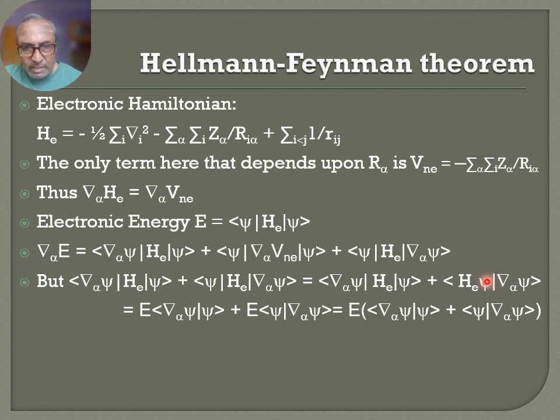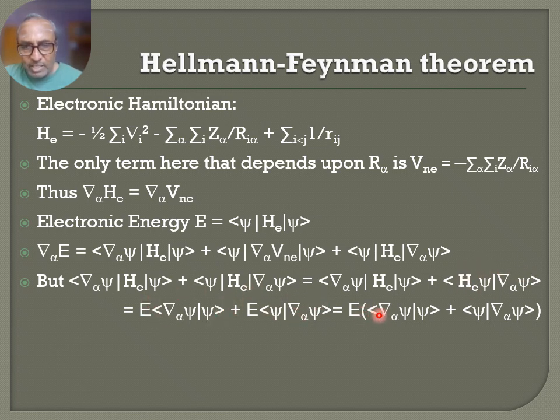But that is just E times bra del alpha psi psi ket plus E times bra psi del alpha psi ket, where we have used the eigenvalue property of the Hamiltonian, that is He psi equals E psi, in both the ket and in the bra to get this expression.